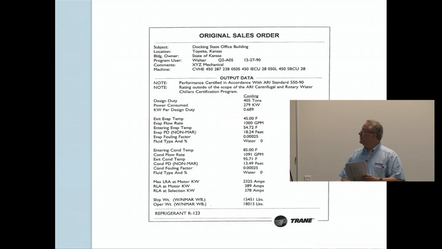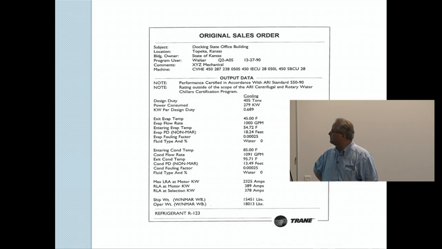So here's an example of performance data from the manufacturer for one of the chillers at the Docking State Office building. It's a 405-ton chiller, and it shows the kW per ton. It gives you your entering and leaving water temperatures at design, the flow rates and the pressure drops at that flow rate, and the same with the condenser.